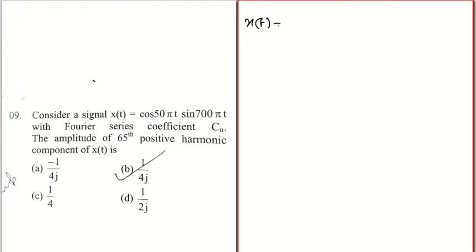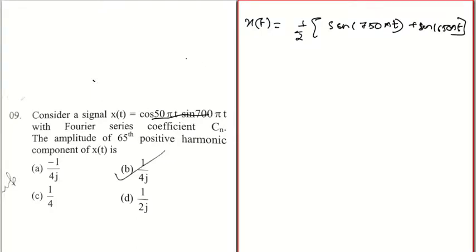Instead of x of t, we can expand these two, that is cos a into sin b form. It will be equal to half into sin a plus b plus sin a minus b.